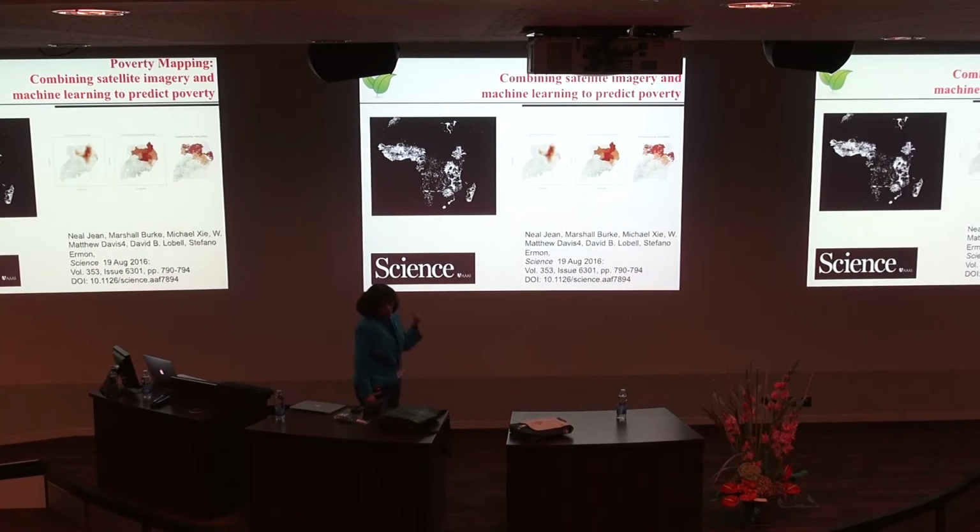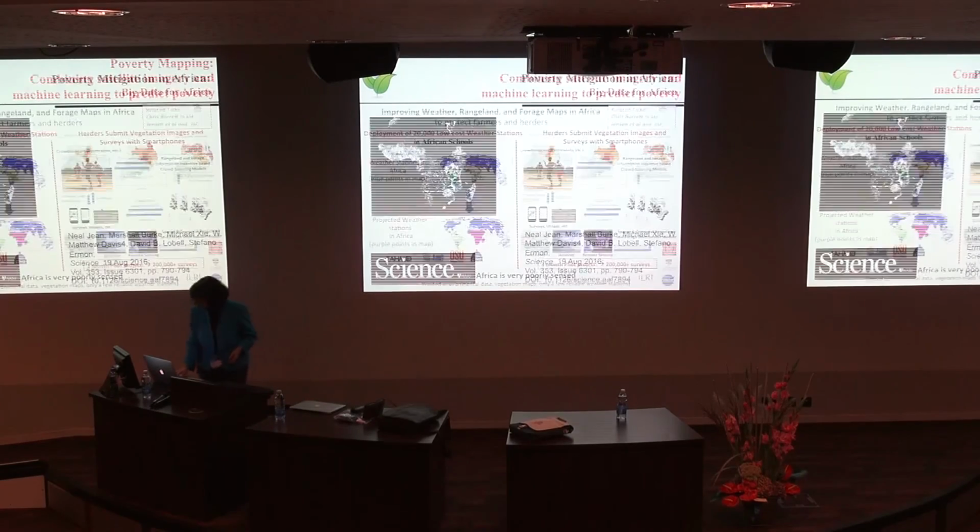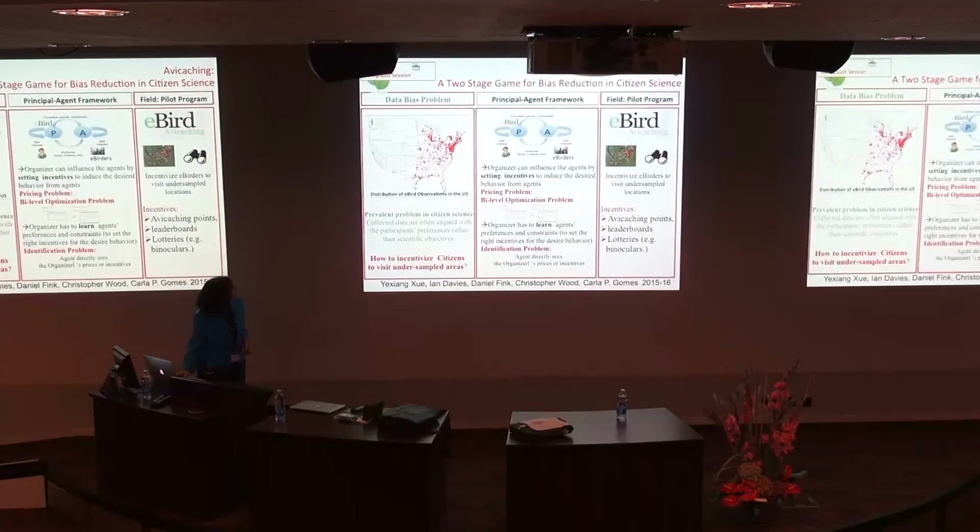Stefano, my student, is now at Stanford, and he just got a paper in Science about poverty mapping. That is actually a project related to this project. This is an amazing project, and I will be talking about this in a few minutes.